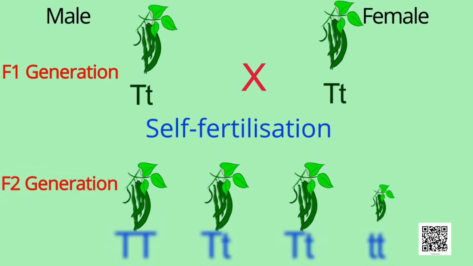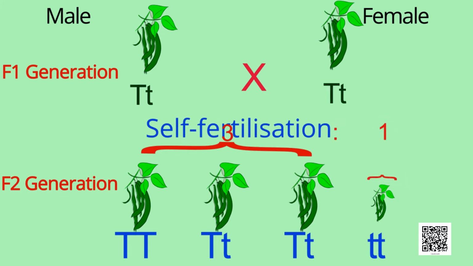He found that not all the plants in the second generation, or the F2 progeny, were tall. In the F2 generation, 3/4 of them were tall and 1/4 were short, or in other words, the ratio of tall and short plants was 3:1.